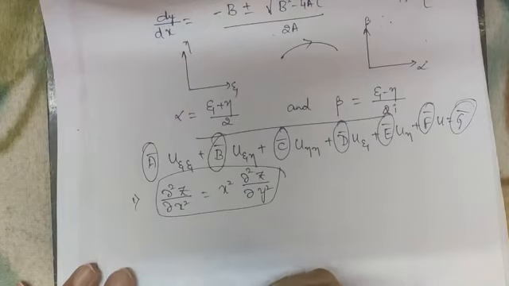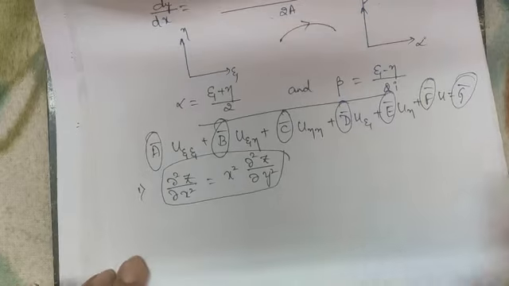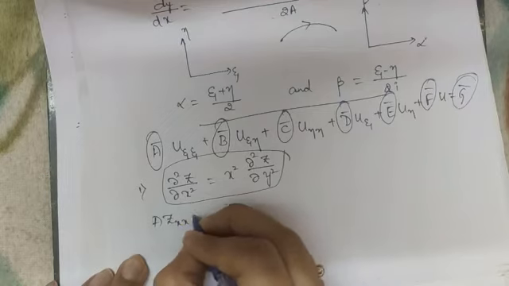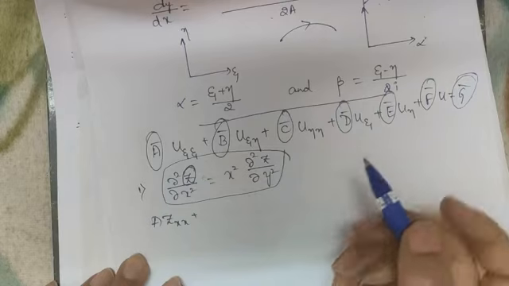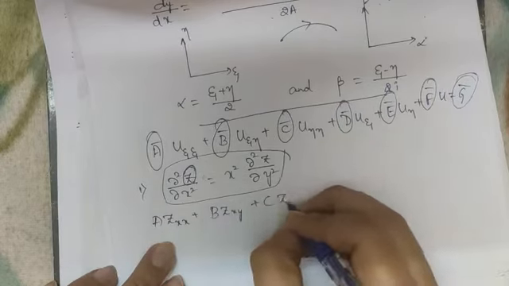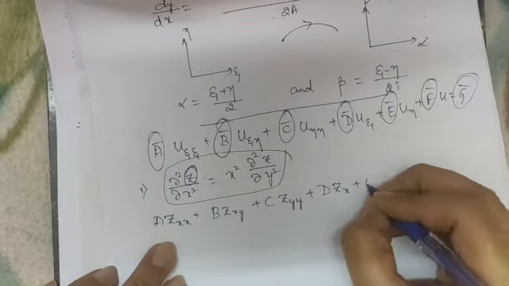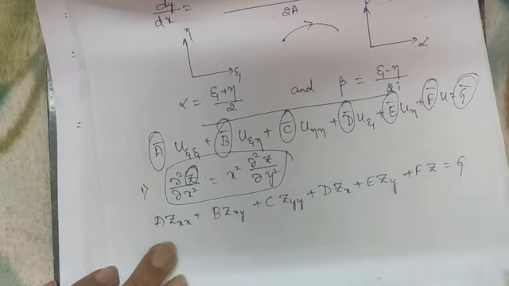For that, I should consider a general second order partial differential equation and collect the values of a, b, c. So the general equation is a zxx, here the function is not u but z, plus b zxy plus c zyy plus d zx plus e zy plus f z is equal to g.